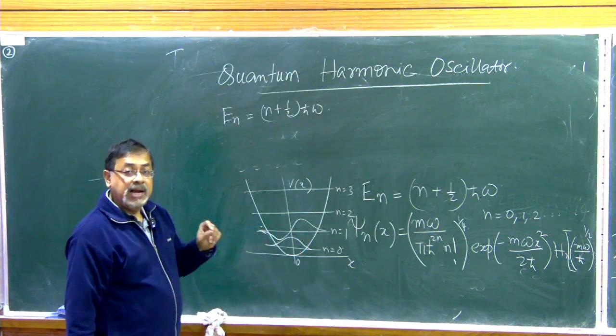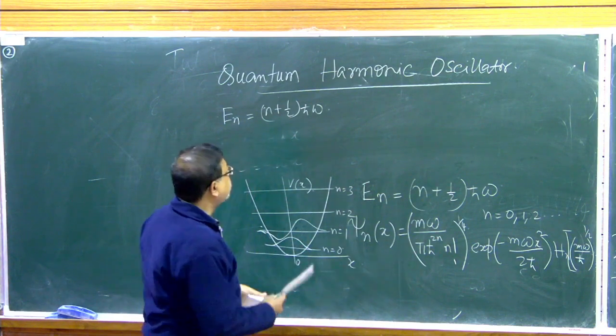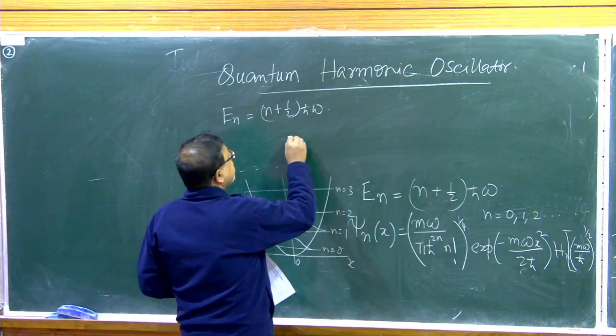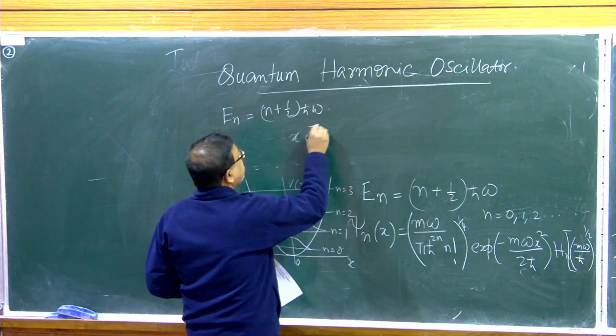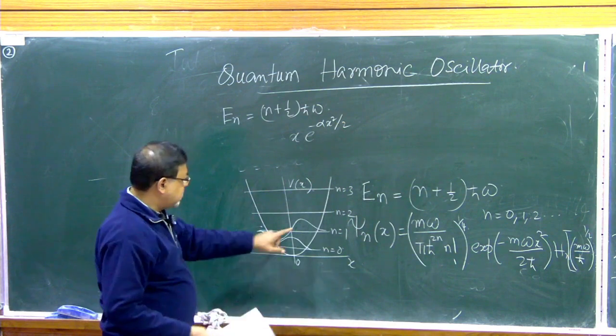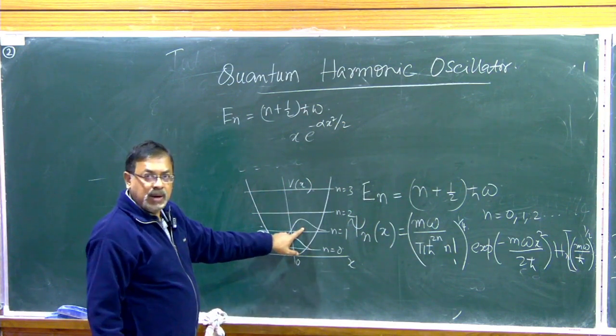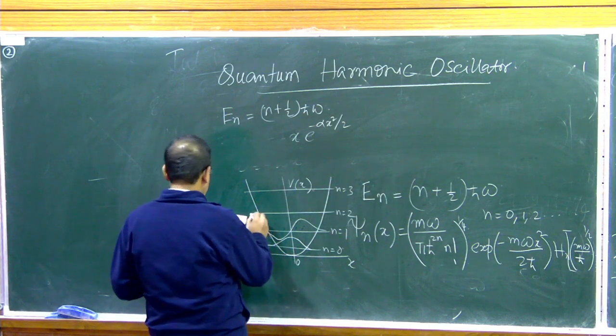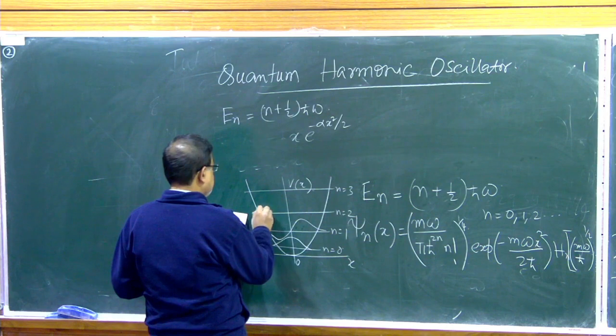Okay, and you see what is the form of the wave function in the simplest form. If we forget about all of the constants, then it looks like x into exponential minus alpha x square by 2. That's this one, n equal to 1. Okay. How about the second one? The second one is like this.